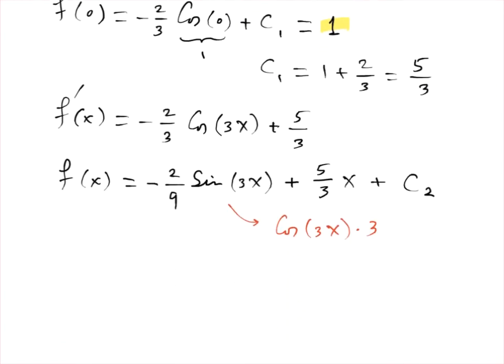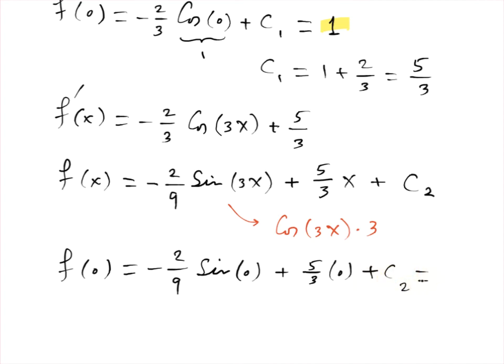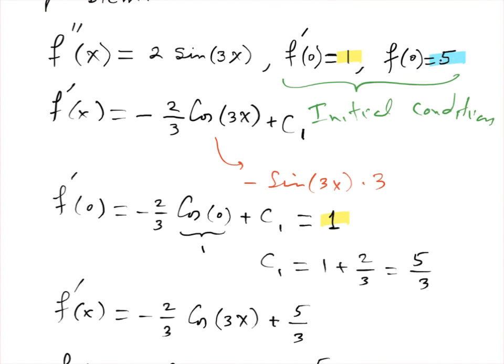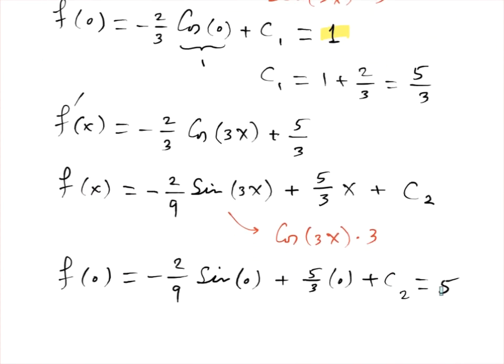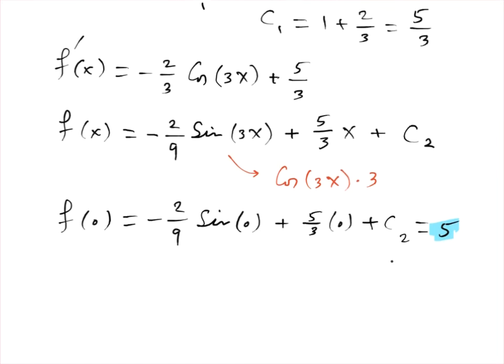So I'm going to use that to find C2. f of 0 is equal to minus 2/9 sine 0 plus 5/3 times 0 plus C2, and that must equal 5 from here. This 5 here comes from that initial condition. And now I'm going to solve this for C2.